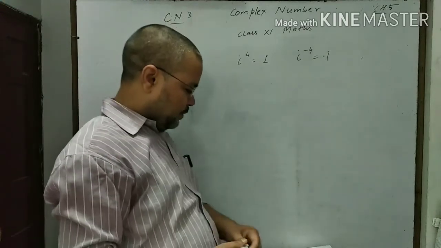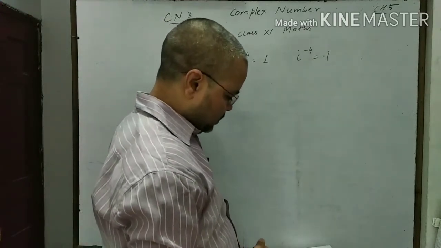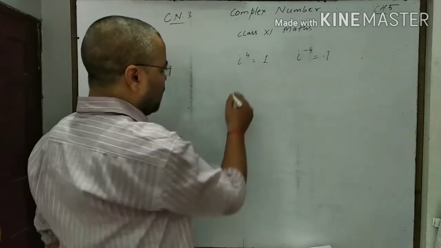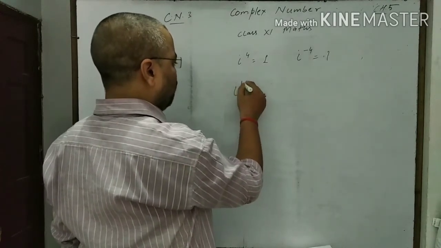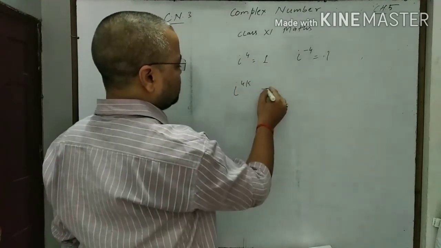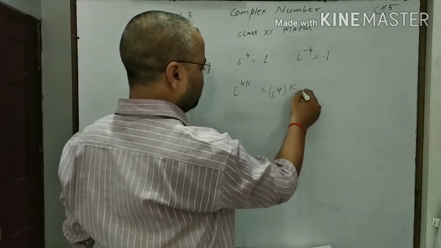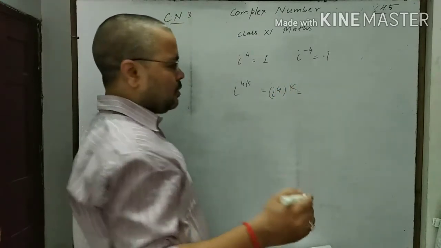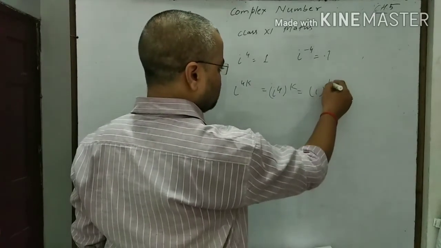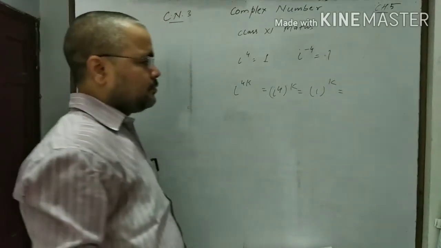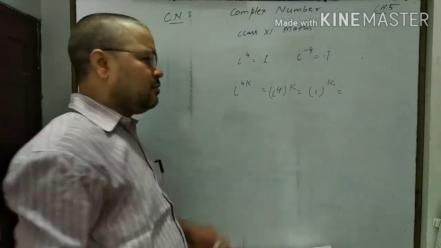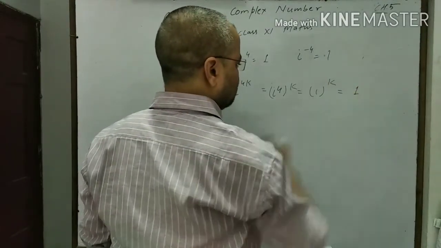Now, we are going to make a conclusion that I raised to the power 4k is equal to I raised to the power 4 into k, and we know that I raised to the power 4 is equal to 1, so it is 1 raised to the power k, and whatever power of 1, the value will always be 1.